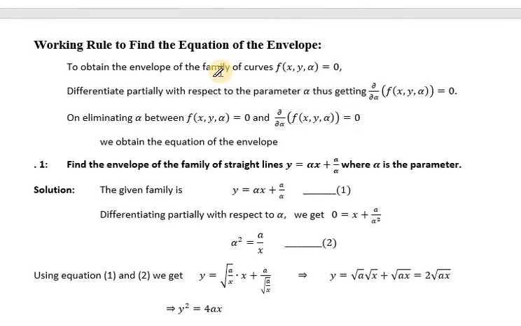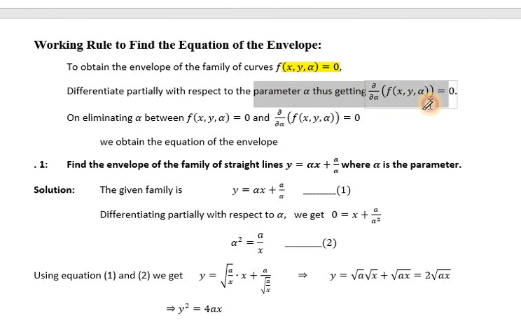To obtain the envelope of the family of curves f of x comma y comma alpha is equal to 0, first partially differentiate with respect to the parameter alpha.